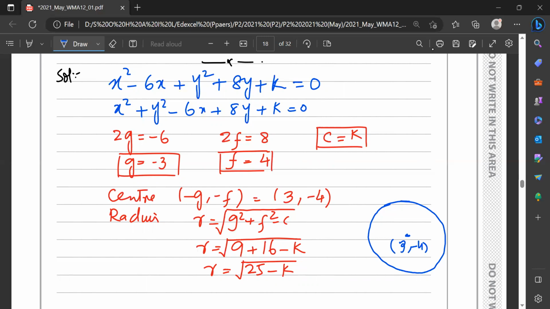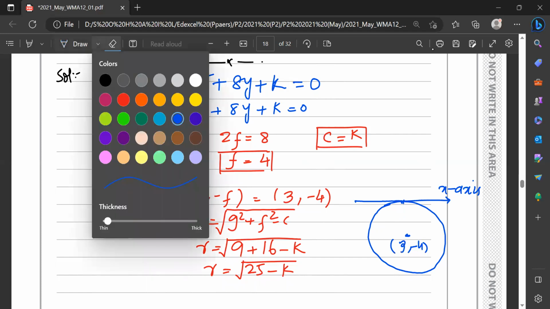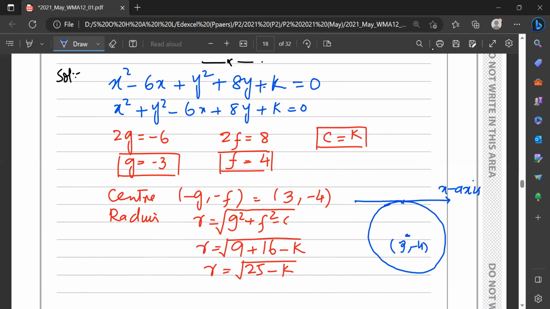So clearly this line is the tangent and this is the x-axis. You don't need to draw the y-axis. Why am I drawing it above the circle? Because the coordinates 3, minus 4 mean below the x-axis. So we have the radius of the circle: obviously 4 units down, so the radius is 4.